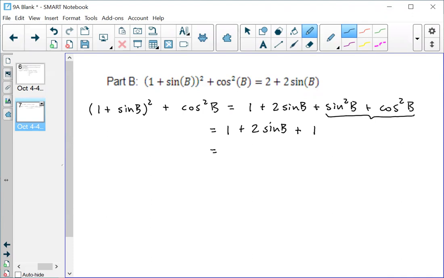So we end up with 1 plus 1, which is 2, plus 2 sine of B, which is what we wanted to end up with.